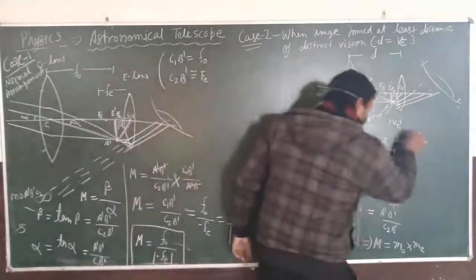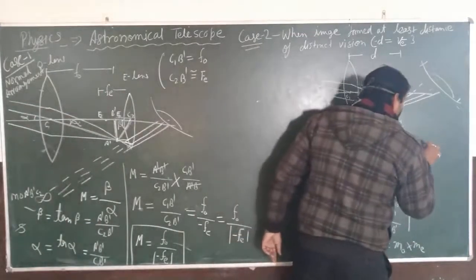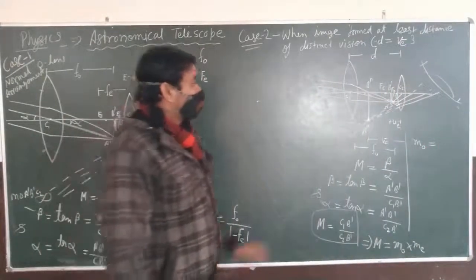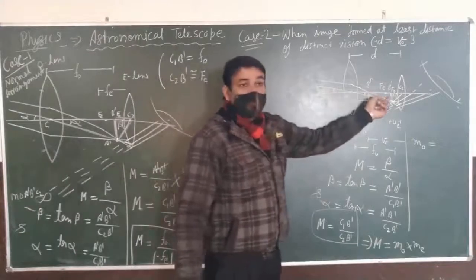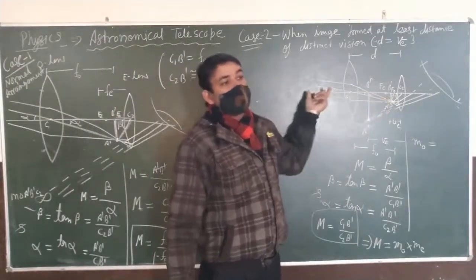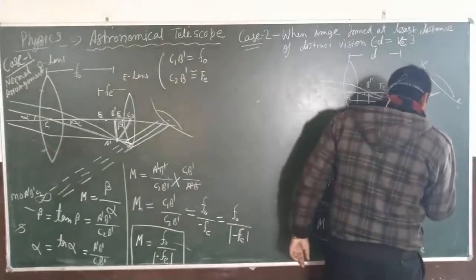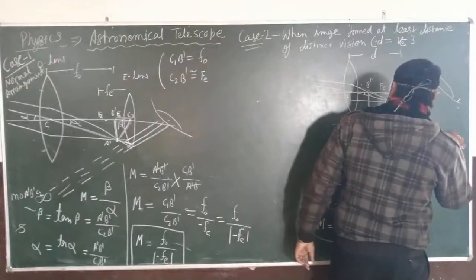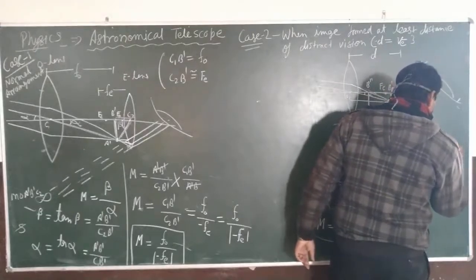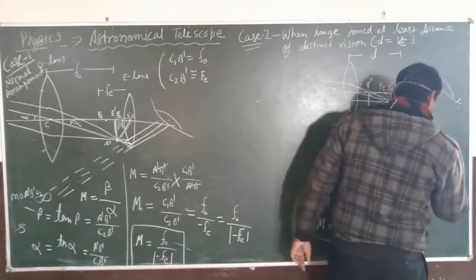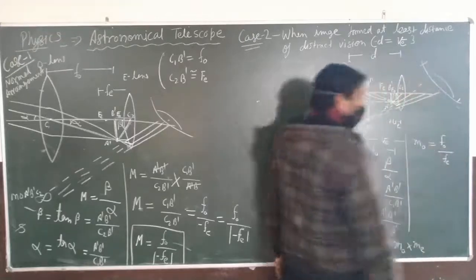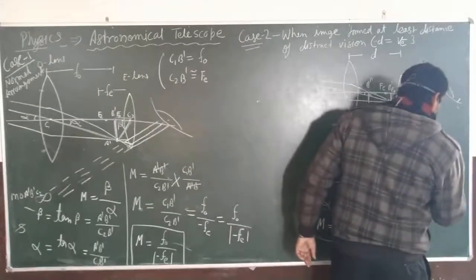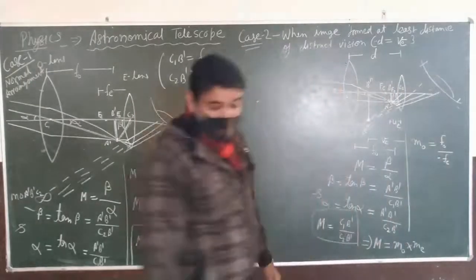Now, magnification produced by eyepiece is equal to distance of image to distance of object. Okay? This we get distance of image is FO upon FE. Clear? This is first equation.